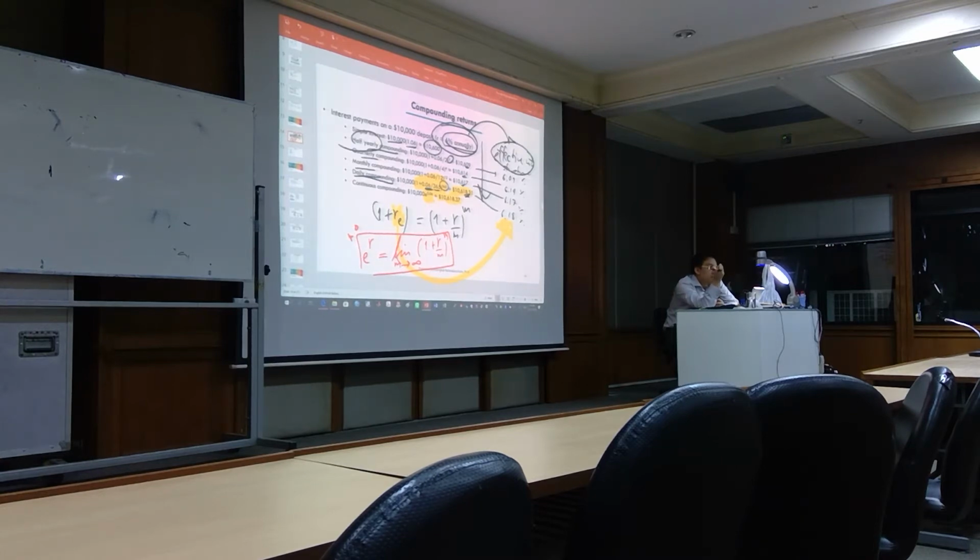You divide the year into very small time intervals. It means that you divide the time when you charge interest into very, very tiny intervals. So sometimes we call it continuous compounding.